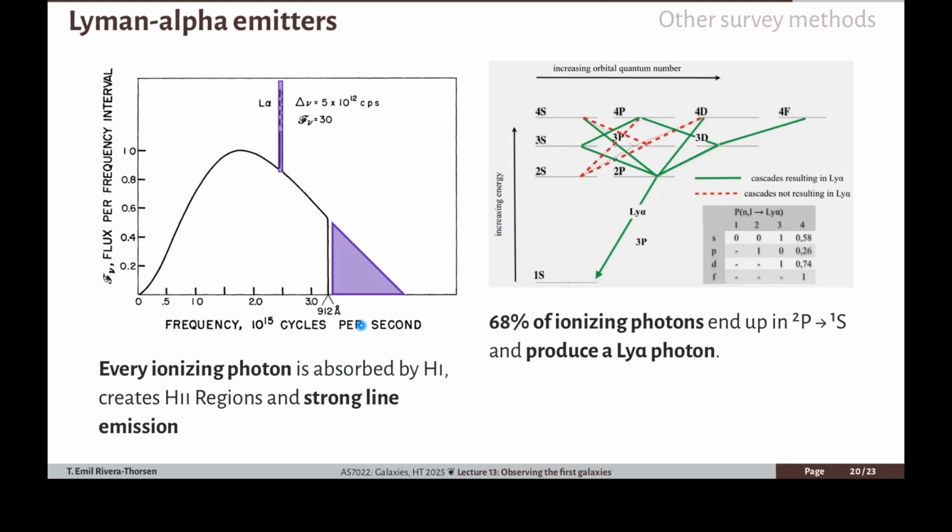The way that works is that all the photons that are absorbed below the 912 angstrom wavelength, basically this is, okay, let me take a step back.